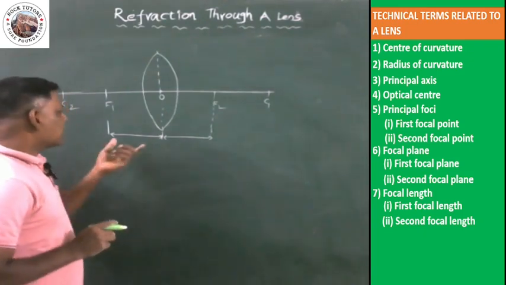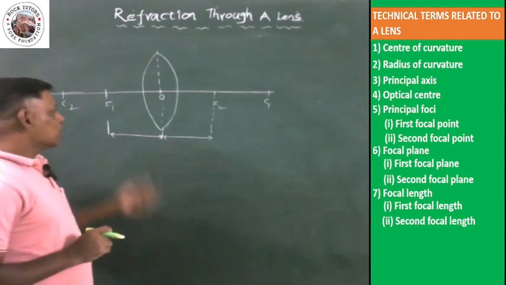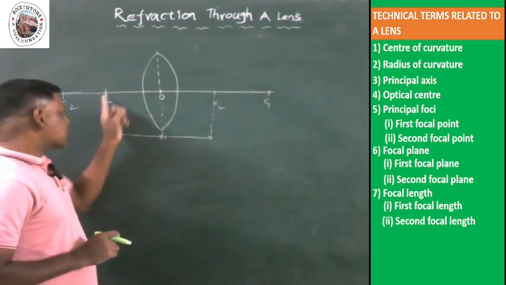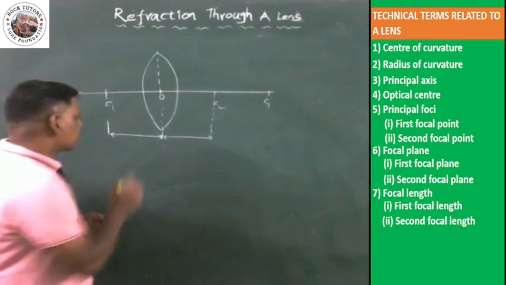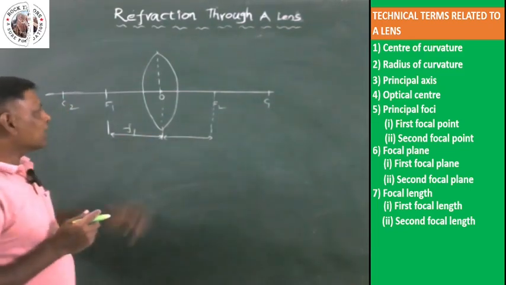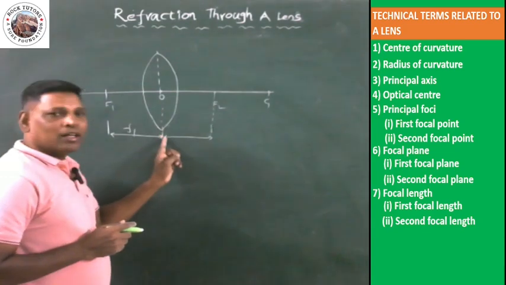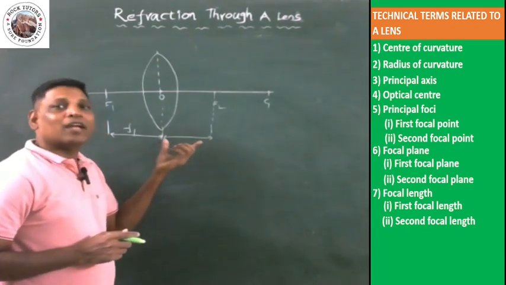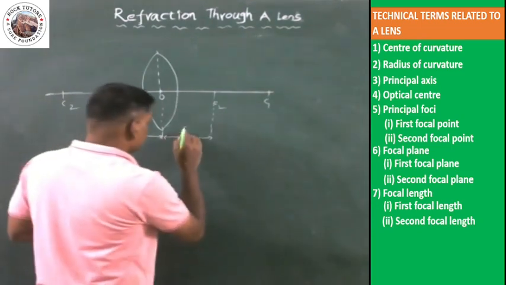Now, the distance between the optical center and the first focal point is called the first focal length. And here, the optical center to the second focal point, the distance is called the second focal length, F2.